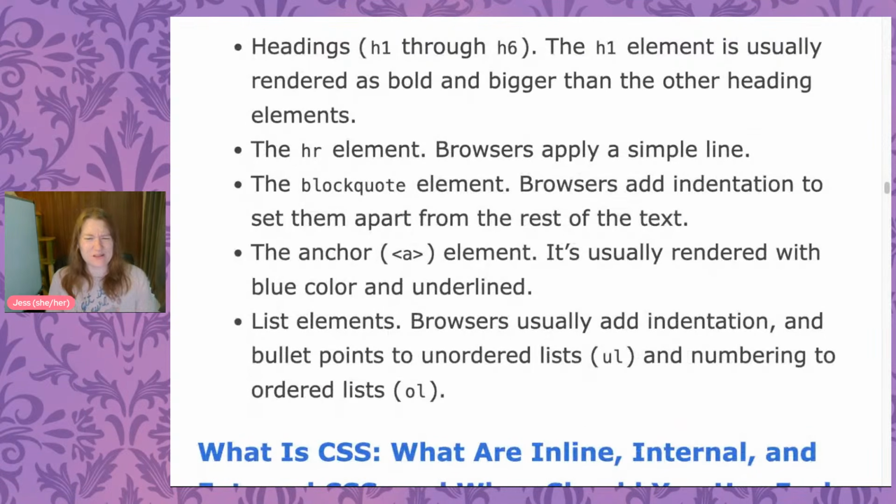And anchor elements, links on the web, are almost always, unless somebody's specified otherwise, blue text and underlined. And list elements: by default, browsers will usually take items on an unordered list or ordered list and add bullet points or numbers and indent them.